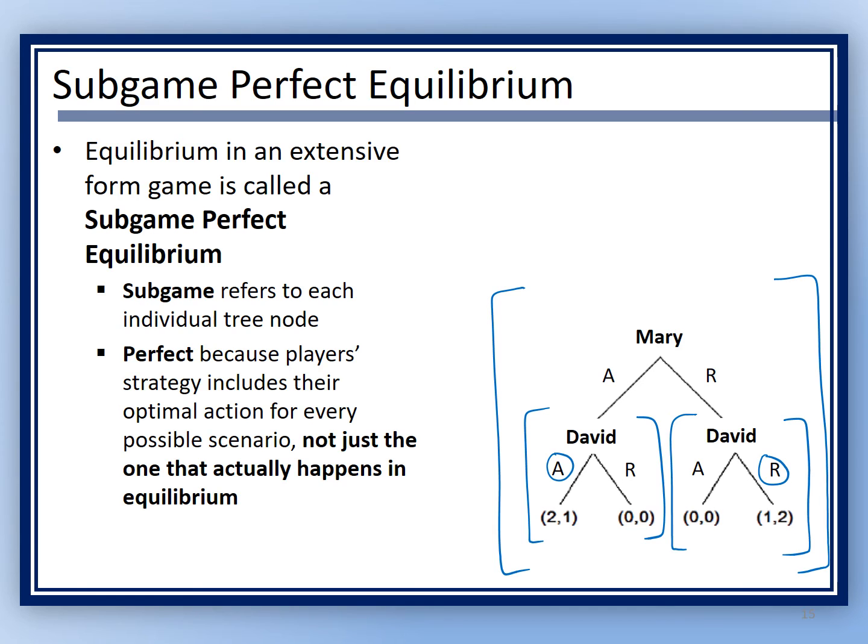What does that mean? What that means is the players are not allowed to make empty threats. For example, what would not be allowed is, in an argument, the girlfriend threatens the boyfriend, "I'm going to jump if you don't buy me the diamond ring."